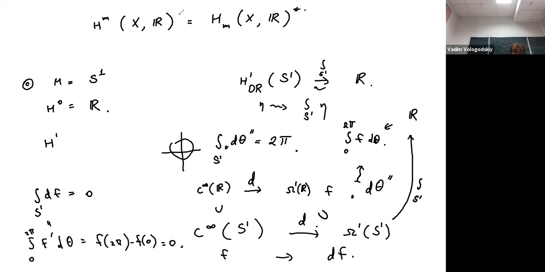If you consider spaces for which homology is finite dimensional, and this is the case for manifolds, then cohomology is simply dual to homology. Twice dual is the identity functor on finite dimensional vector spaces.